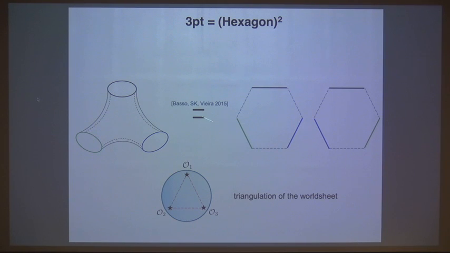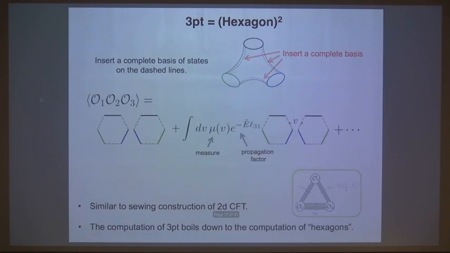And I should point out, this is essentially the same as the triangulation of the Riemann surface, or the 3-puncture sphere. In practice, what I mean by decomposing the pair of bands into 2 hexagons is to take a partition function on a pair of bands and express it by inserting a complete basis of states on those dashed edges.